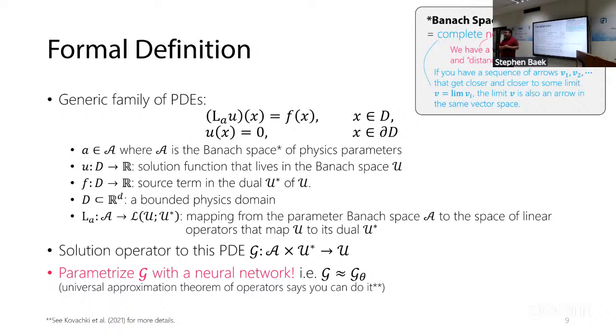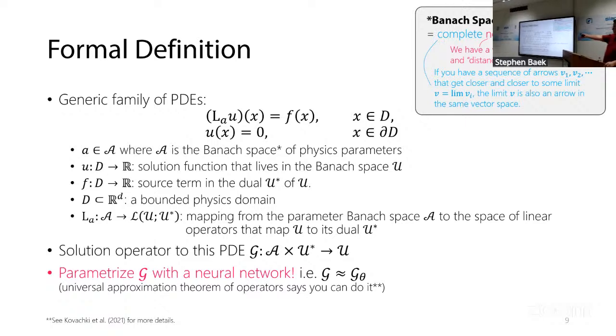Okay. All right. Congratulations, you survived this slide. At the end of the day, what we're interested in doing in neural operators is to parameterize this solution operator G using some sort of neural network with a set of parameters theta. There's a thing called the universal approximation theorem for operators.